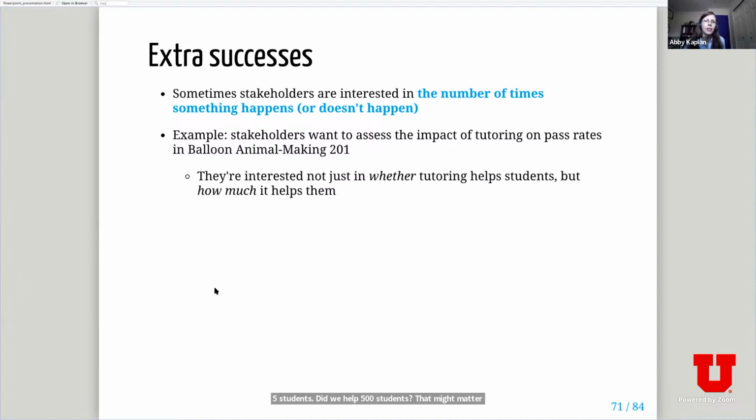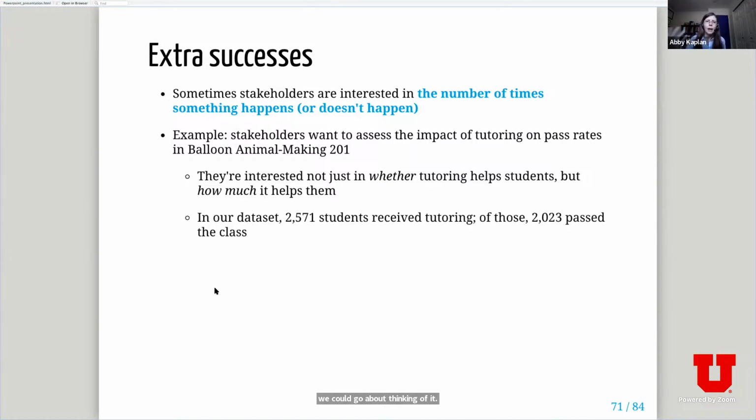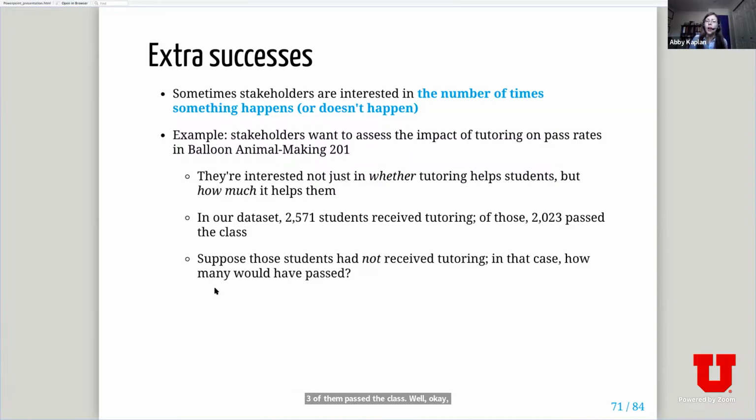If your stakeholders are interested not just in does something have an effect, but how much, and if they're interested in numbers, then here's one way we could go about thinking of it. We could say, okay, in our particular data set, we had 2,571 students who went to tutoring. Out of those, 2,023 of them passed the class. Well, okay, suppose those 2,500 students had not been tutored.